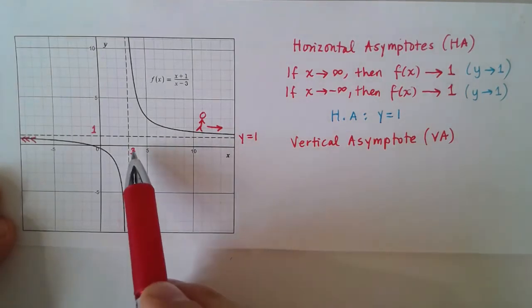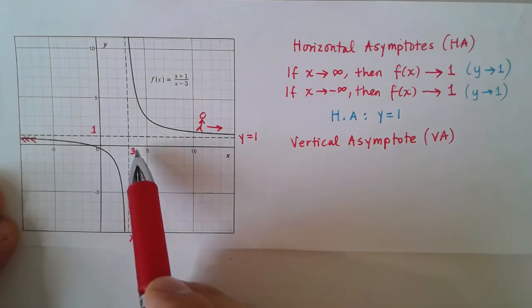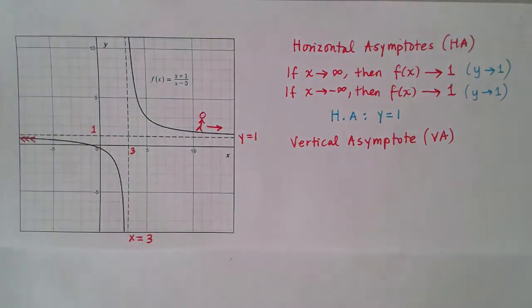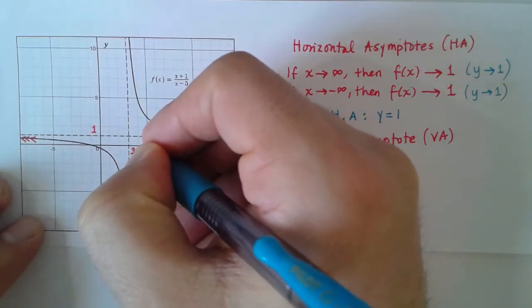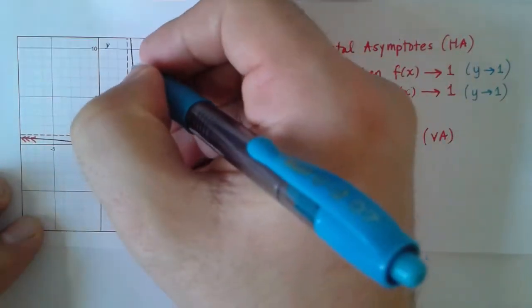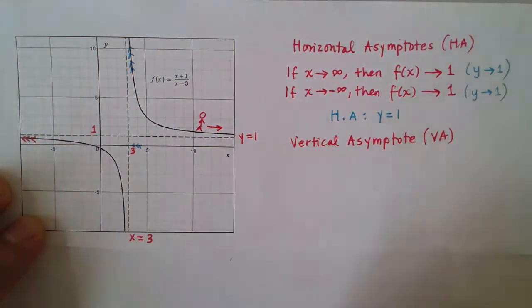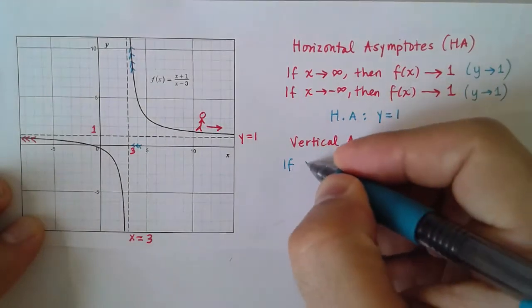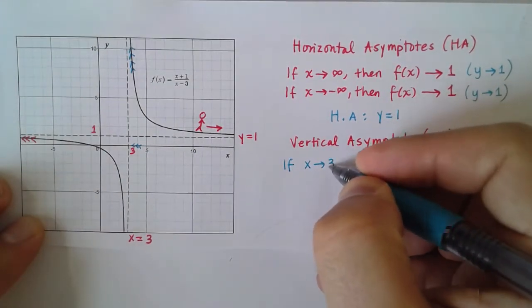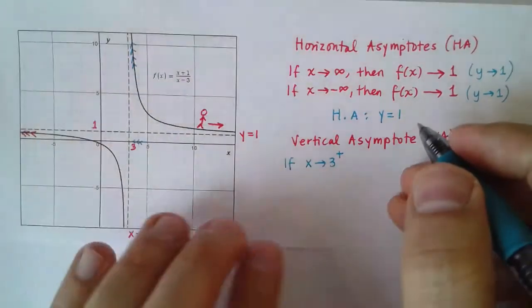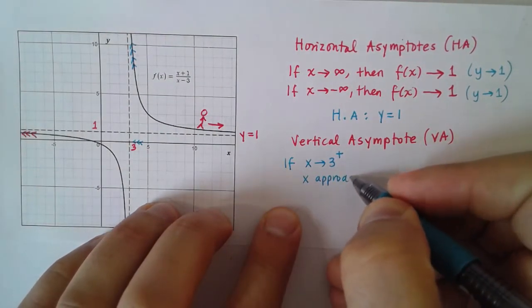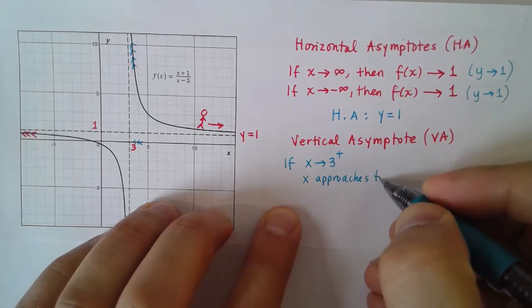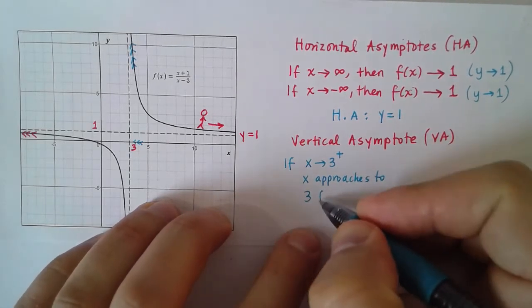If you look at this example, if you approach x's to the right of 3, in this direction, and look, the y's are going to positive infinity. You see, I just denote it this way. If x goes to 3 from the right, I can just say x approaches 3 from the right.